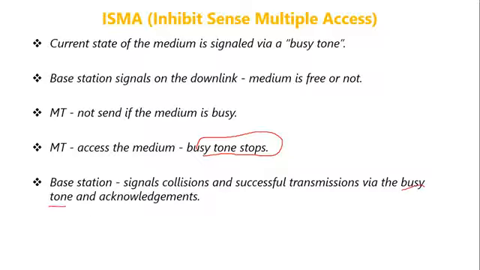Whenever there is a collision, the base station will notify it through a busy tone. And if the data is received successfully, then the base station will notify through an acknowledgement. So this is how the inhibit sense multiple access technique works.